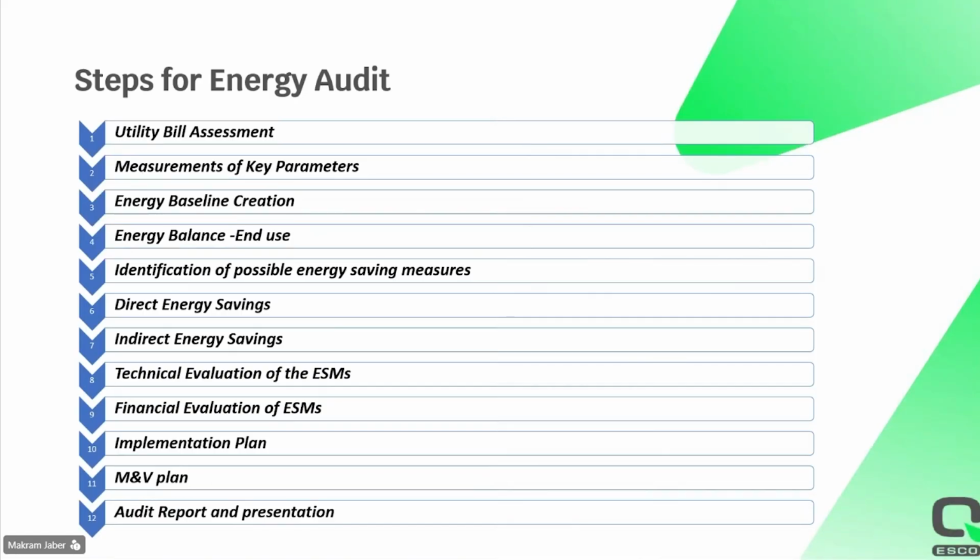As we said, the last phase in an ESCO project is the reporting period. During the reporting period, we have to verify and report and guarantee the saving. All these will be based on the measurement and verification plan. After we complete all these steps, we will do the audit report and present it to the client.